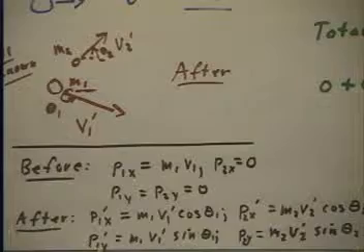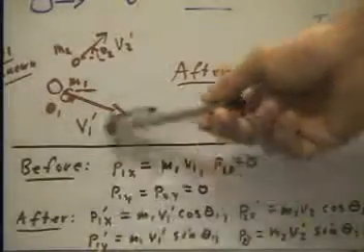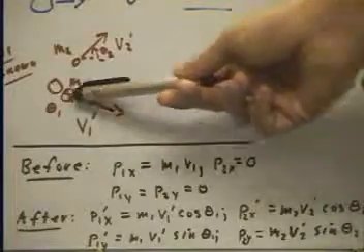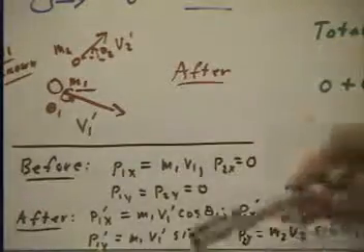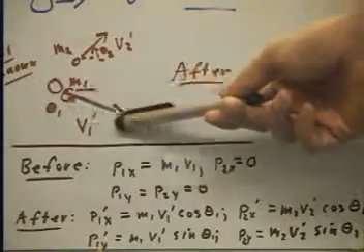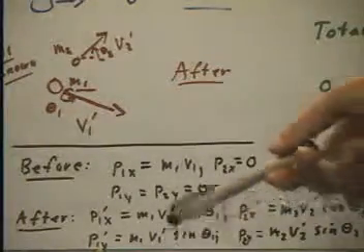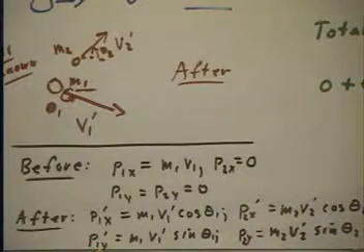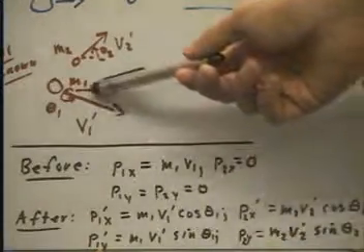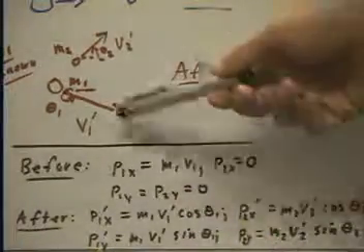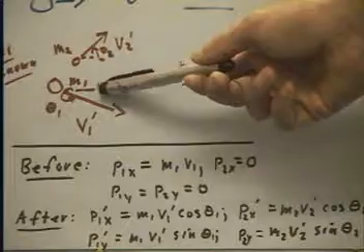After collision, we have mass m1 moving at velocity v1 prime at angle theta 1. Its x momentum will therefore be its mass times the x component of v1 prime, and the x component of v1 prime is v1 prime cosine theta 1. Similarly, the first object has a momentum in the y direction that's equal to its mass times its y velocity.